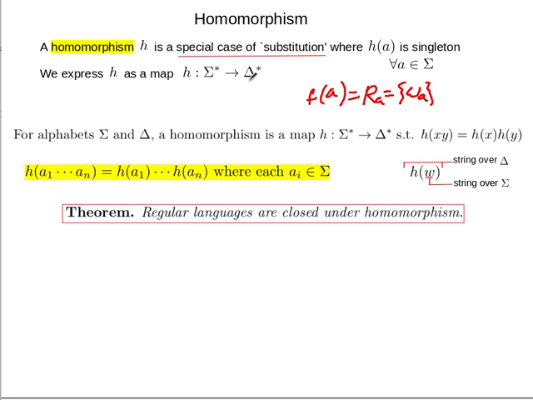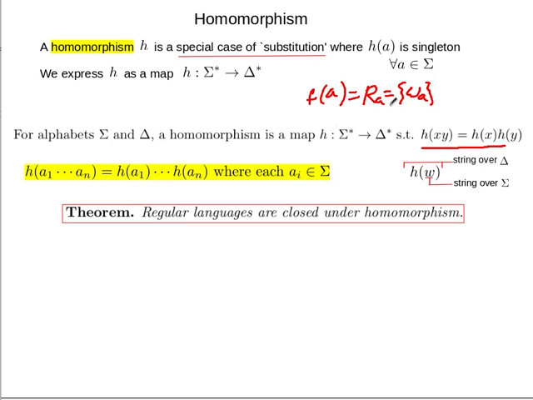Okay. And again, this is for a single symbol, and as we have seen in the substitution, by this property it follows that if you have multiple symbols, you take each individual symbol and you concatenate them, right?